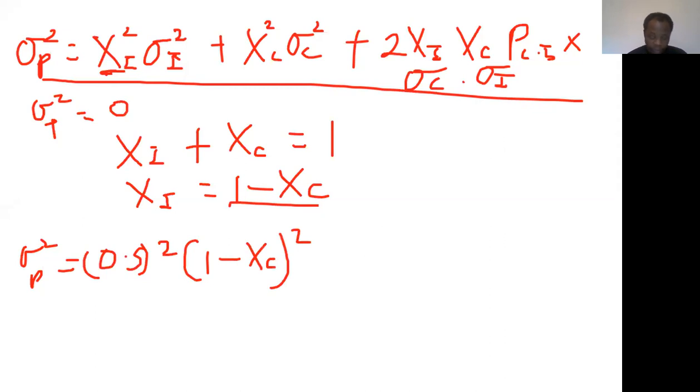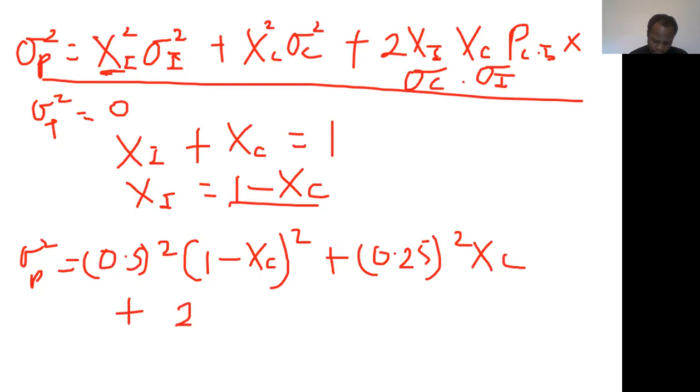Plus the volatility of Coke. In the question, Coca-Cola has 25, so it becomes 0.25 squared multiplied by xc squared. Plus we have 2, and we are replacing the Intel weight, so it is written as 1 minus xc, multiplied by xc.